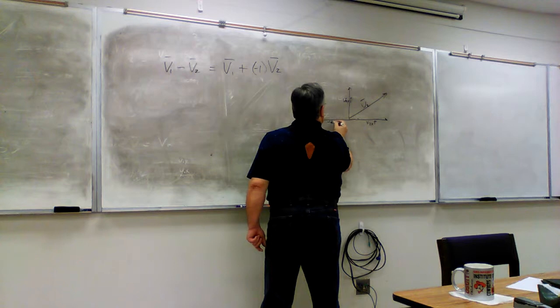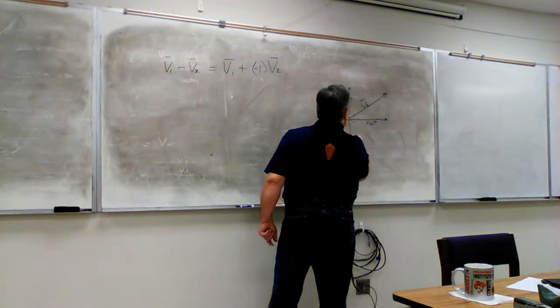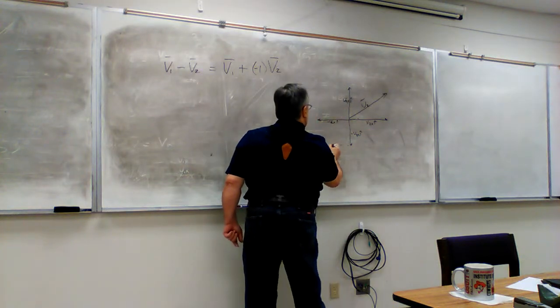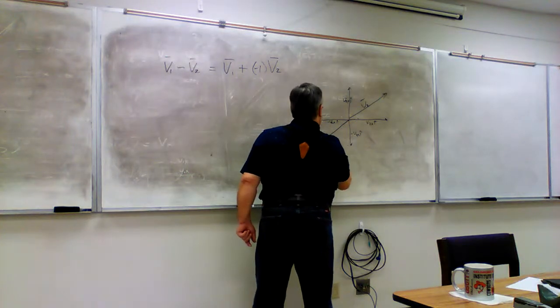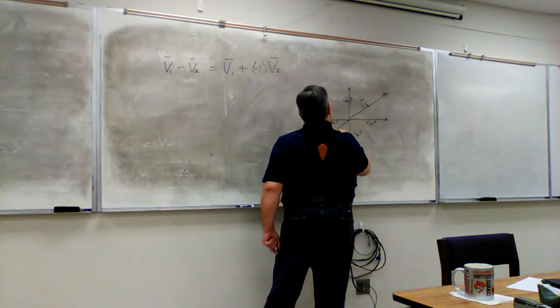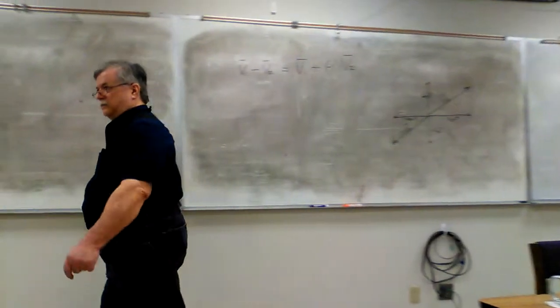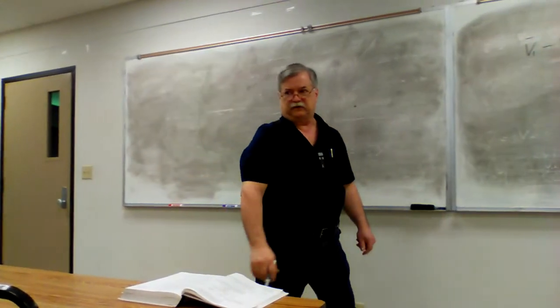Minus v2x i, minus v2y j. And now their vector sum is the same vector we started with, but pointing 180 degrees in the opposite direction.